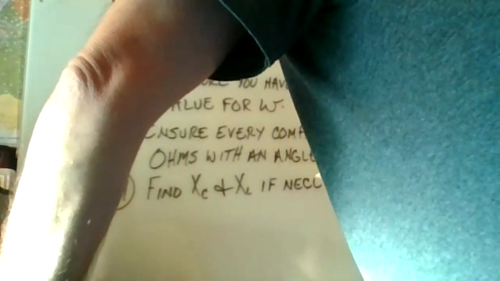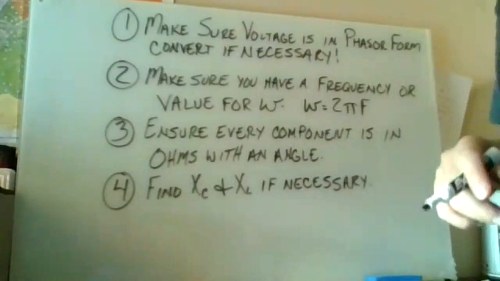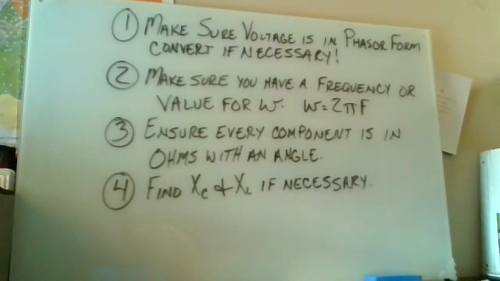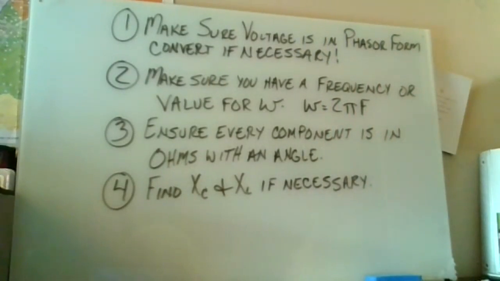Step 4, find x of c and x of L if necessary. And I say if necessary because if I put a capacitor in there and I put a value on the capacitor of 1 k ohm, what did I just give you?